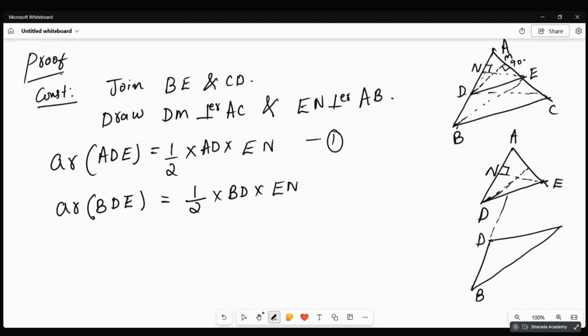BDE is a triangle, BD is the base, and for this the altitude can be outside also. You can take just the perpendicular distance between the other point and the base.